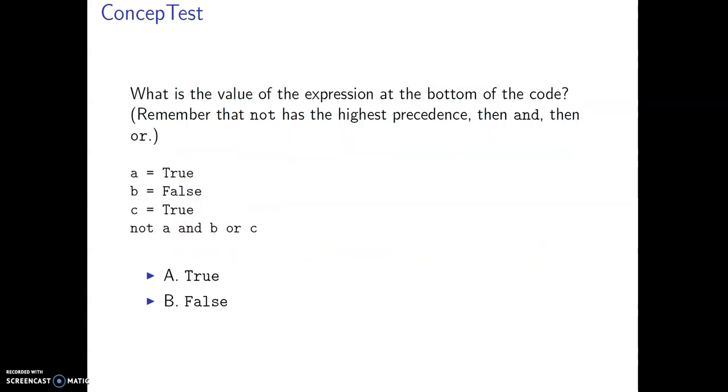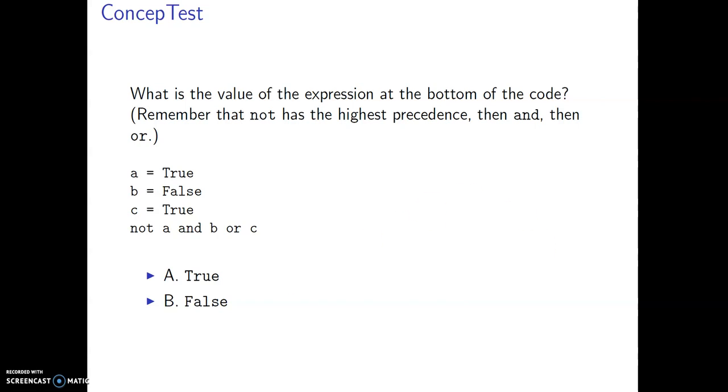What is the value of the expression at the bottom? Take a moment again and read this little hint here. There's an order of precedence that we need to consider. Not has the highest order of precedence, then the and, then or. I like to use parentheses to make this explicit, but we can still evaluate this.